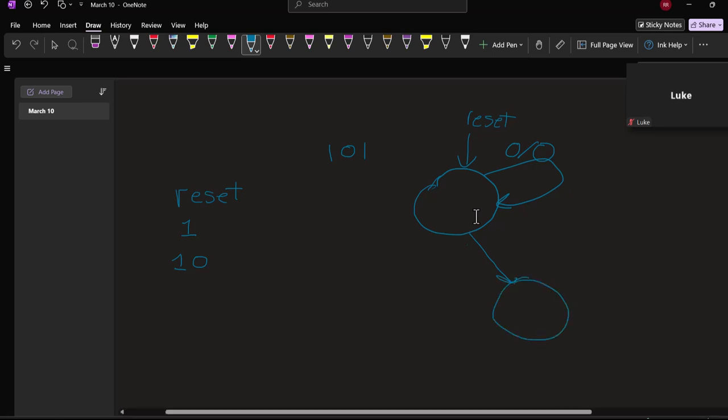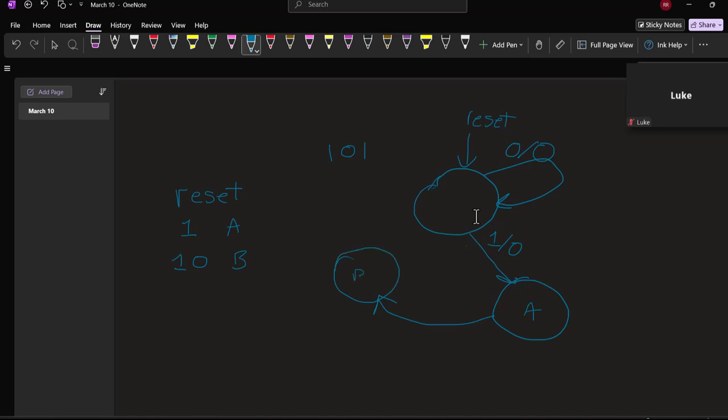I'm going to call this one reset, this one A, and this one B. So if I get a 1, I'm headed to A. I don't have my complete sequence. If I'm at state A and I get a 0, I'm going to state B, because now I have a 1, 0. Do I have a 1, 0, 1 yet?